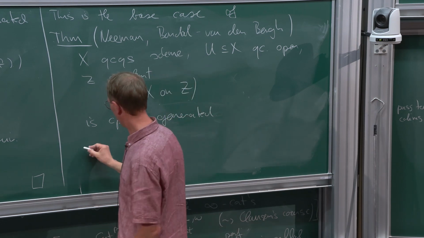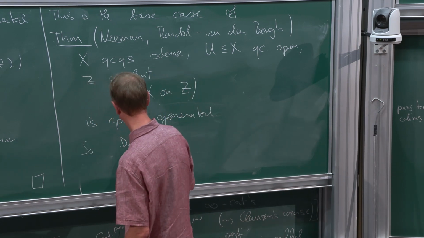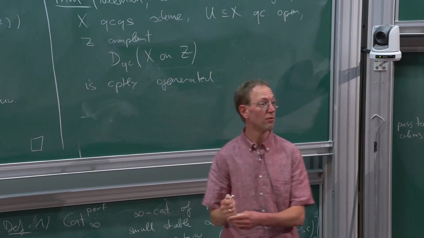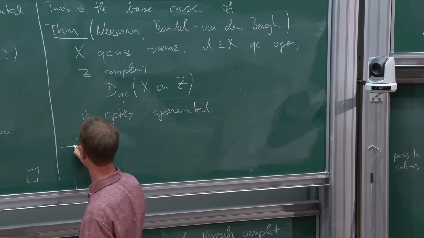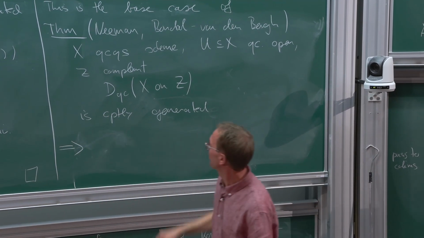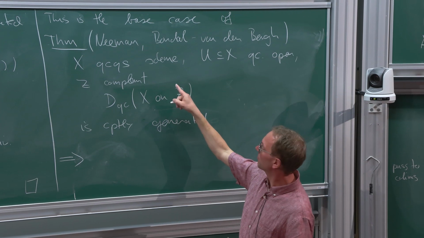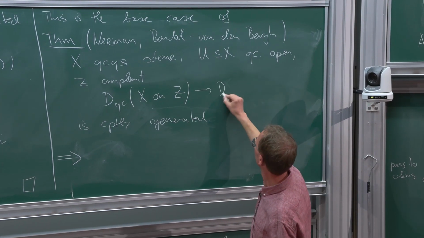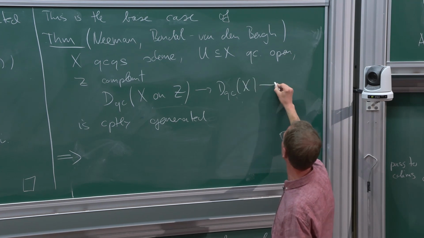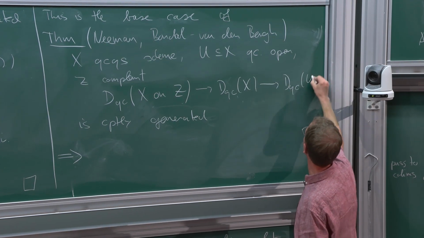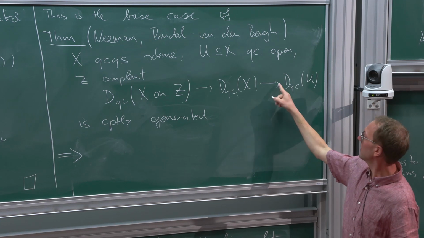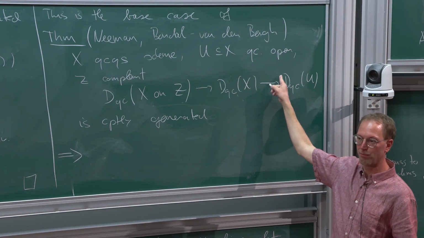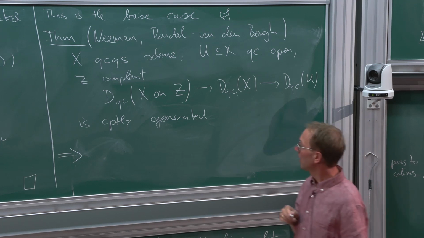So this means, so we have D_qc of X to D_qc of U. Again, it's easy to see that this is always a Bousfield localization with the right adjoint just given by derived push forward.